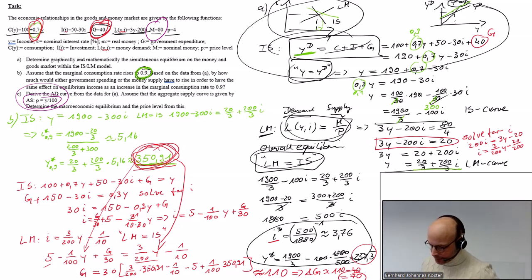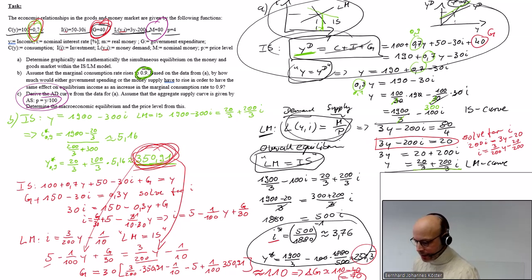Yesterday we ended with the calculation where we first supposed that the marginal rate of consumption is increasing from 70 to 90%. This translates into a flatter IS curve, so an increase of overall equilibrium income.